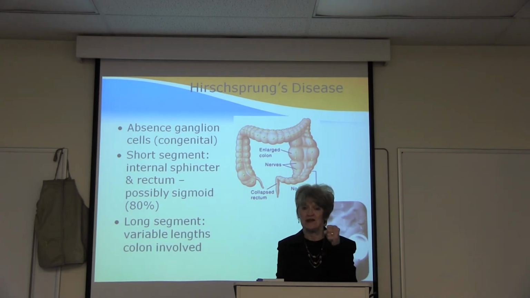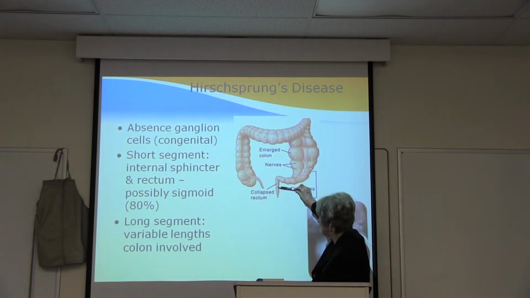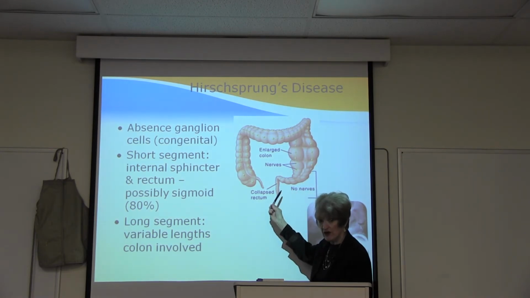It normally provides continence at rest, but it also opens in response to rectal distension, and that allows stool to pass through the anal canal for elimination. But if the internal sphincter has no nerve endings, it never opens. It stays passively contracted all the time. So if you have a child with Hirschsprung's, does the internal sphincter ever work?